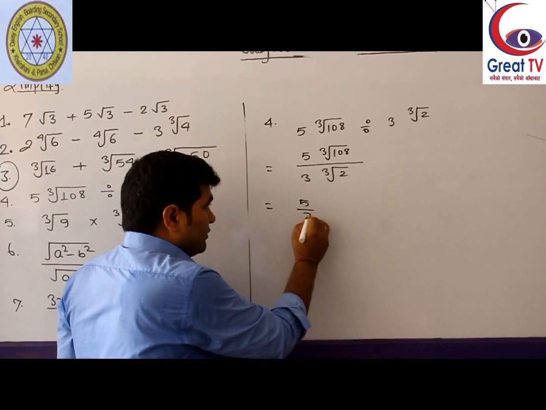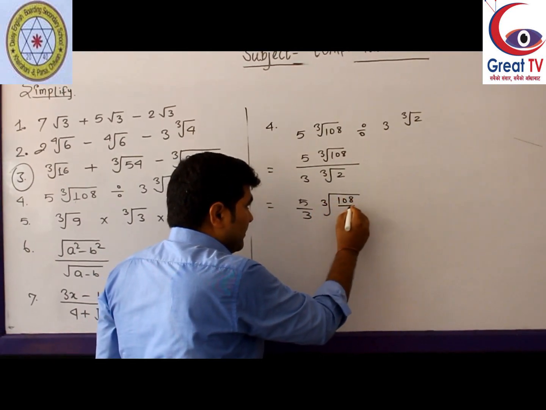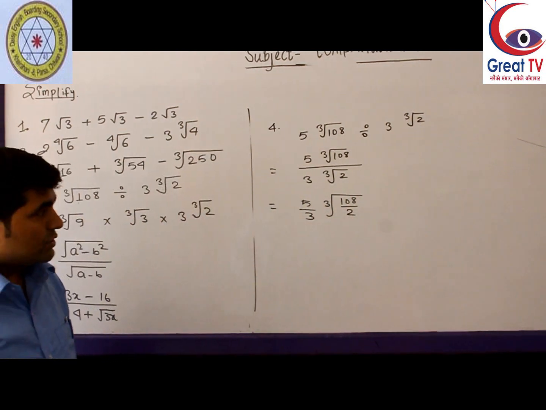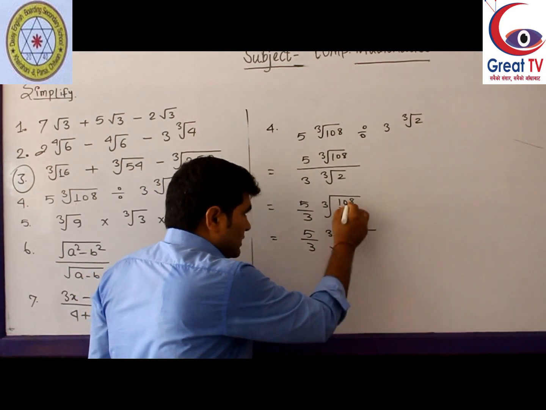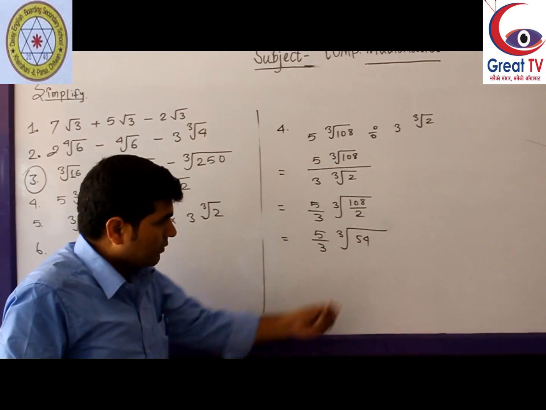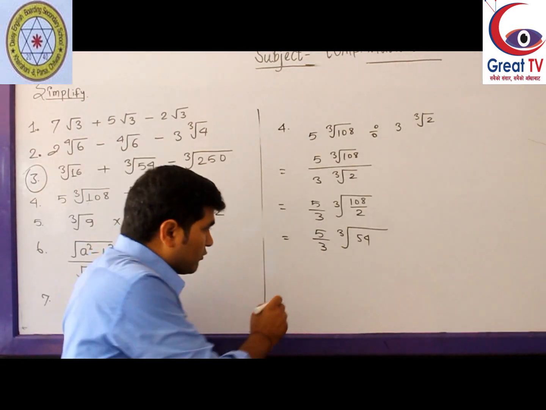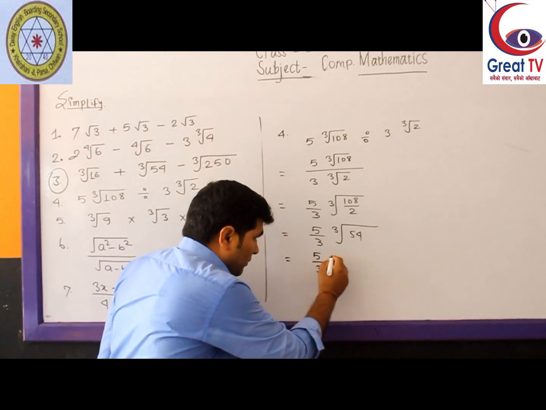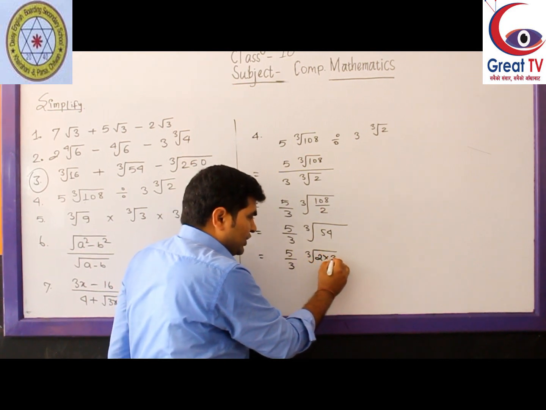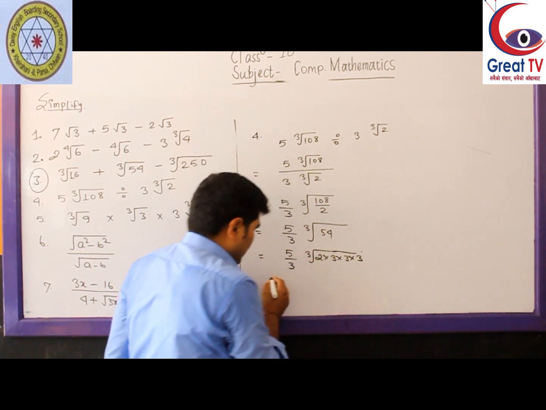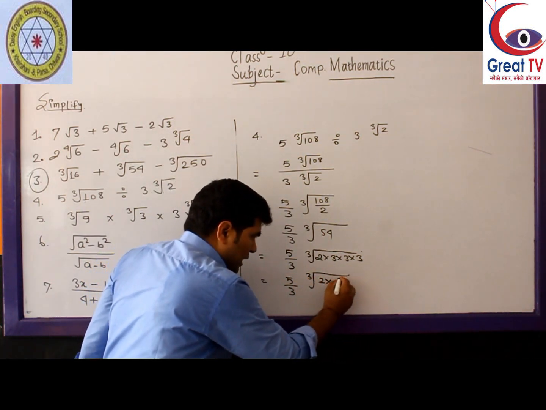Equal to 5 divided by 3. We can put it in a single root: 108 divided by 2, cube root. Equal to 5 divided by 3. Now the quotient of this fraction is 54. Now this radicand we can reduce by using the prime factors method. 54 means 2 into 3 into 3 into 3, equal to 5 divided by 3 cube root, 2 times 3 power 3.